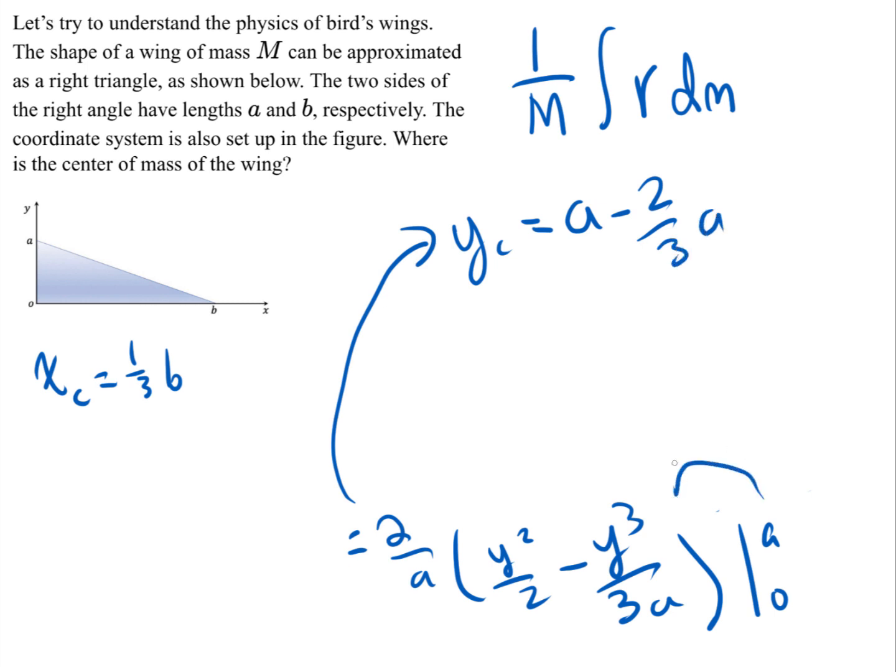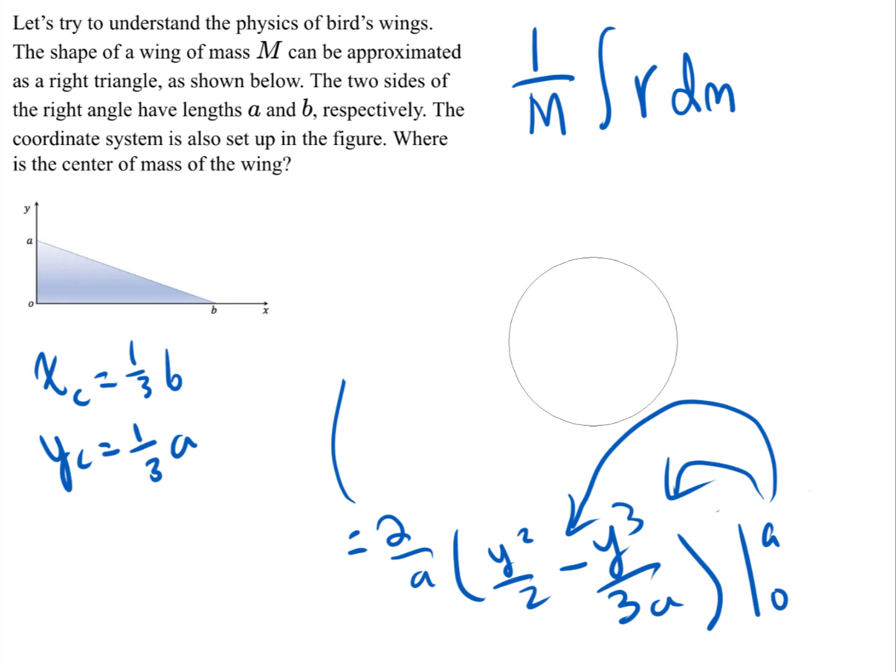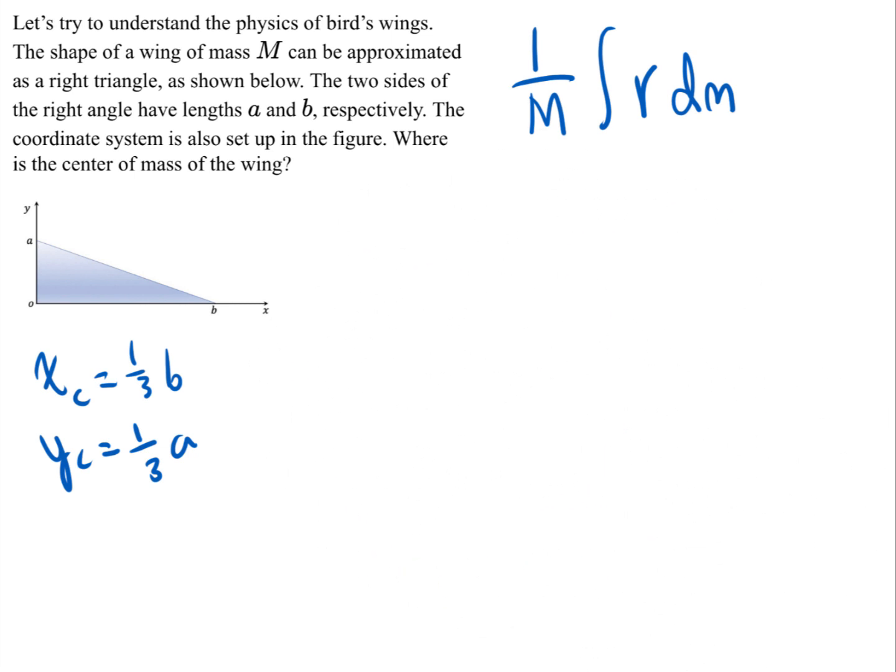This is if you plug in a for the y's and evaluate. And so this will give us our answer of 1/3 a, which is the exact same as the answer for our x-coordinate for the center of mass, just along the y-axis instead. So that's our y-coordinate for our center of mass of the bird wing.